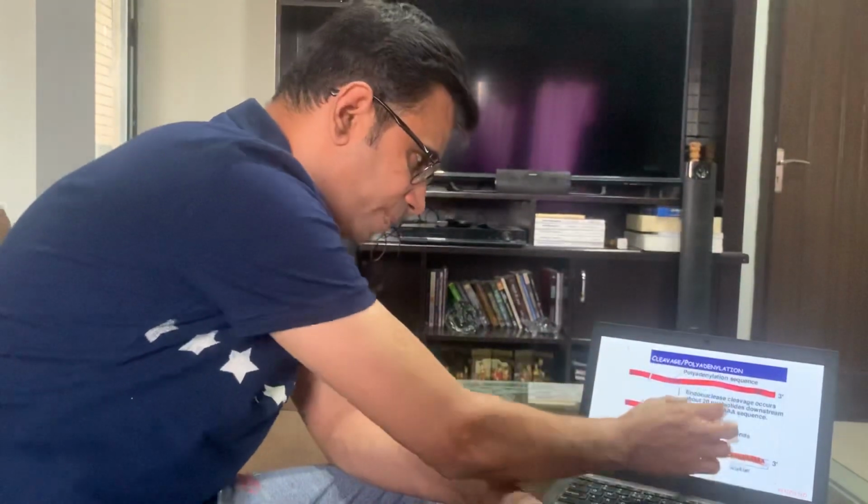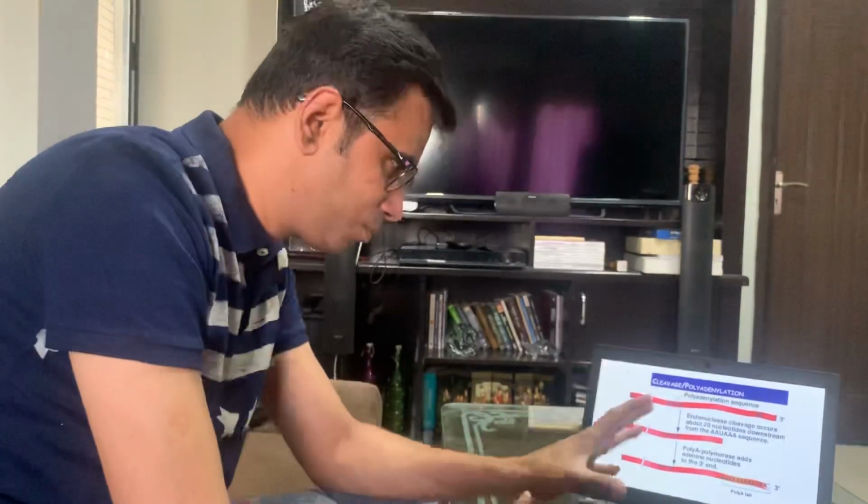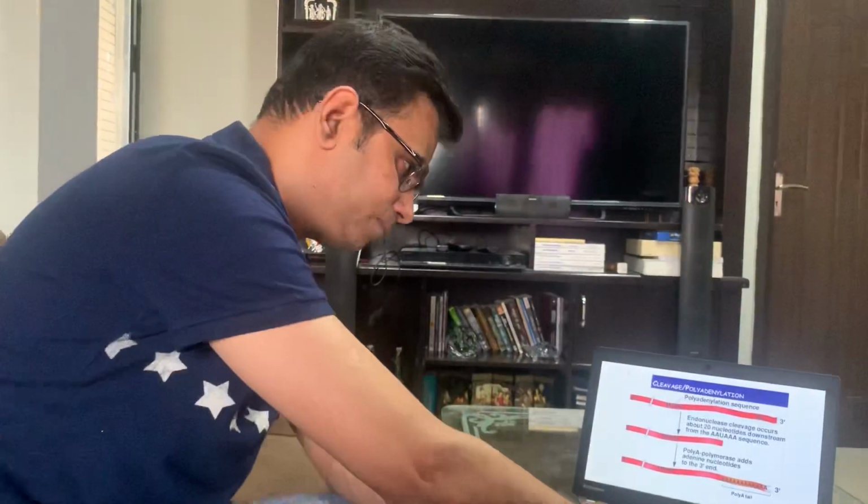Once it is cleaved, the poly-A polymerase will add a number of adenine nucleotides, and this gives the polyadenylation. So it is simply the addition of adenine nucleotides at the 3' end, but before adenylation, the pre-mRNA needs to be cleaved at the polyadenylation sequence.